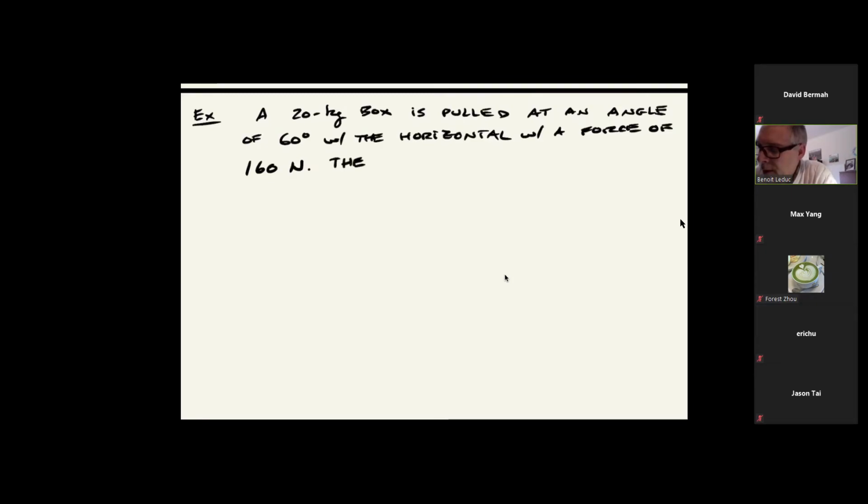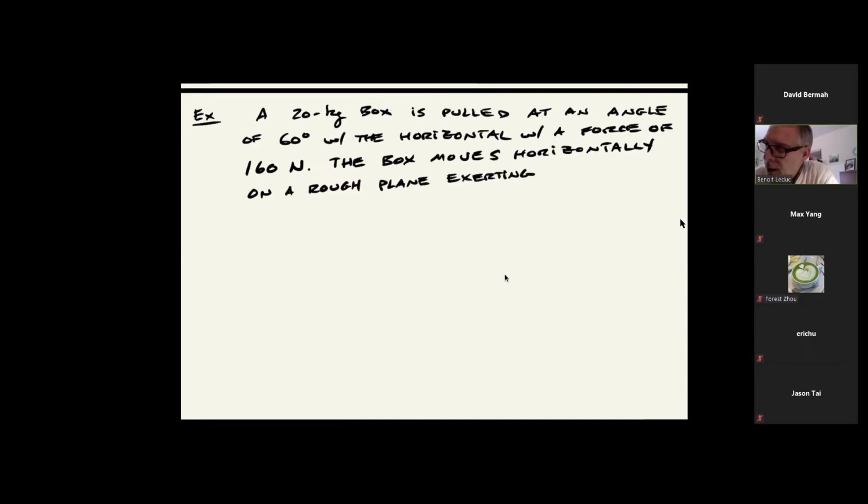The box moves horizontally on a rough surface plane, exerting a frictional force of, let's say, 30 Newton.